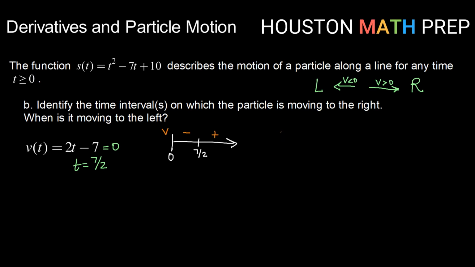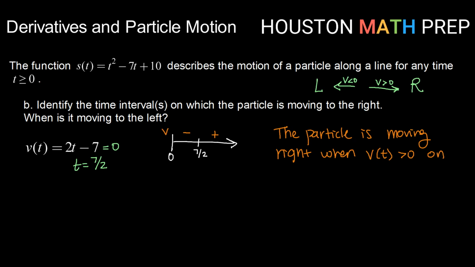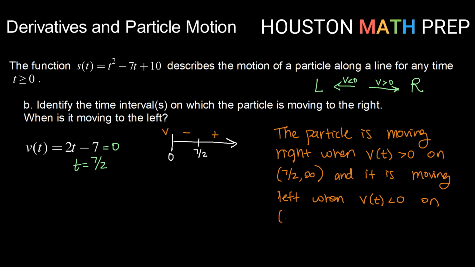So we can say that the particle is moving to the right when velocity is greater than 0, on the interval from 7/2 to infinity, and it is moving left when the velocity is negative, and that is occurring on the interval 0 to 7/2.